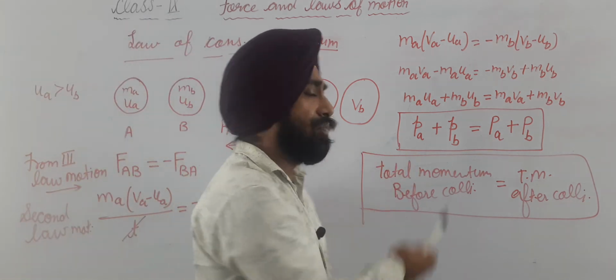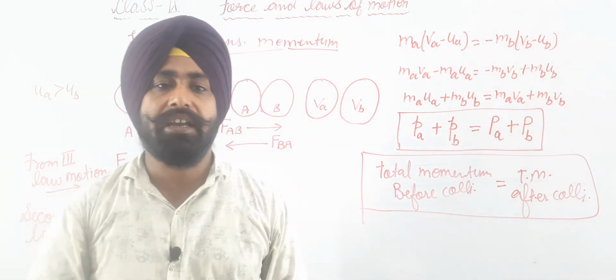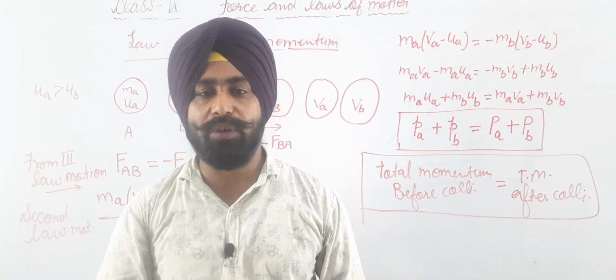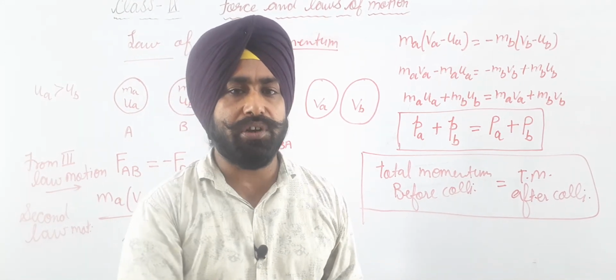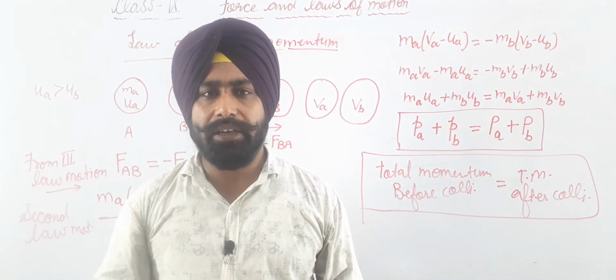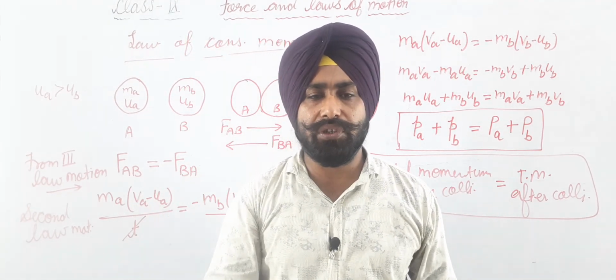The sum of total momentum before collision is equal to the sum of total momentum after collision. So this is the law of conservation of momentum. So till here, our third law of motion is finished.